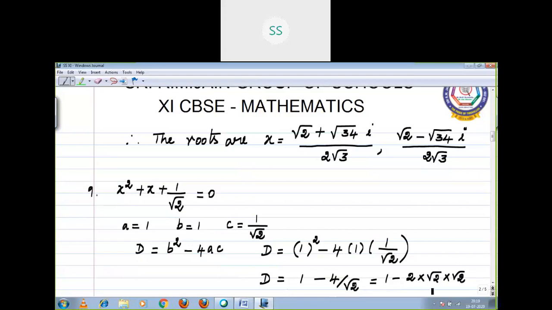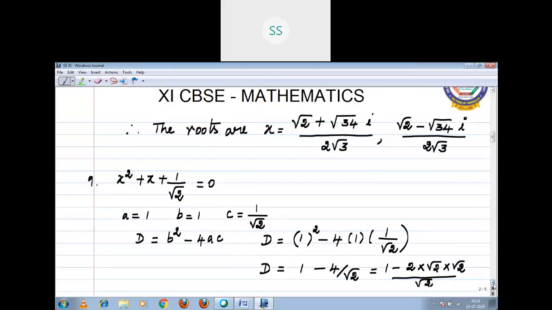What I did here, can anyone guess? 4 can be written as 2 into 2. That 2 I kept as such, and 1 alone I split and wrote in the form of square root without disturbing the previous.